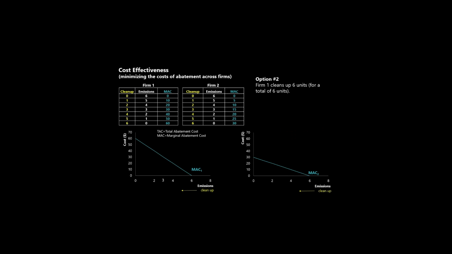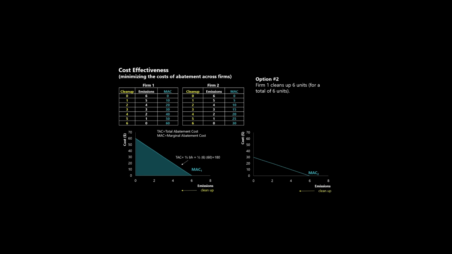Option 2 could be that Firm 1 cleans up all 6 units, and Firm 2 cleans up none. If that's the case, Firm 1 will go from 6 units to 0, and the total abatement cost would be that full area underneath the curve. The base of this triangle is 6, the height is 60, and we get a total of 180.